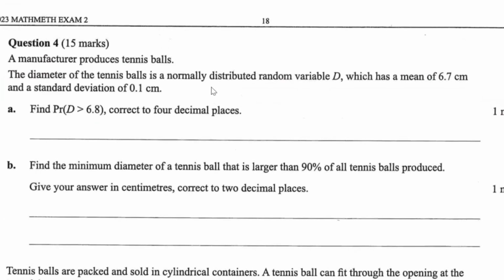Question is asking: a manufacturer produces a tennis ball. So this is a probability question with a normal distribution D, with a mean of 6.7 and variance 0.1 squared.